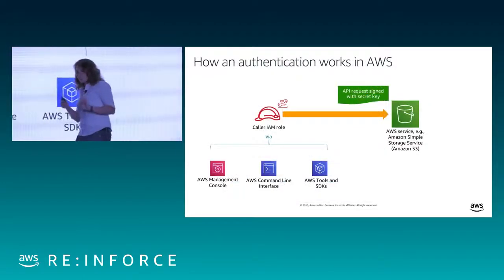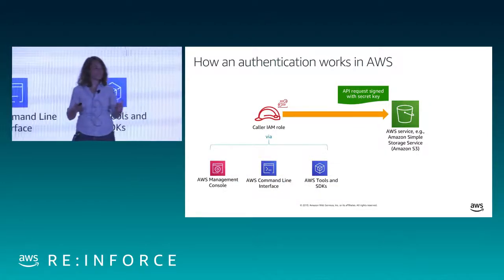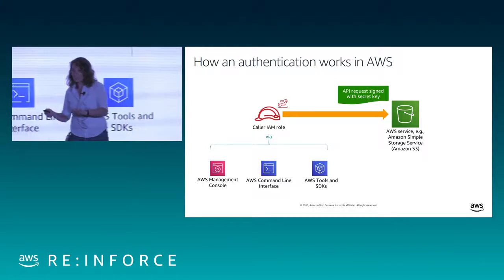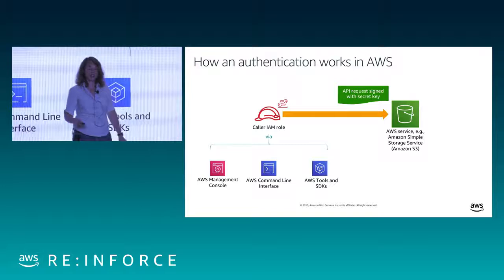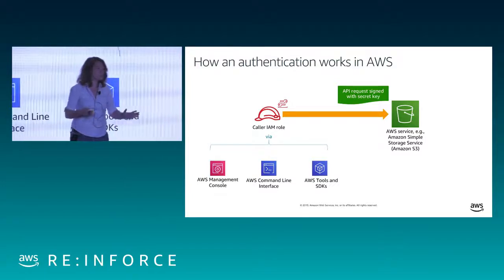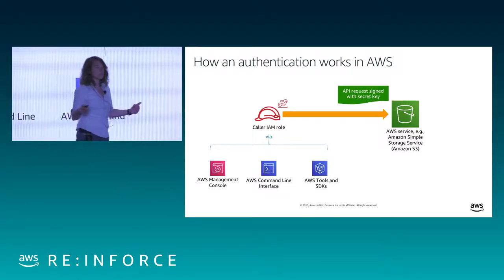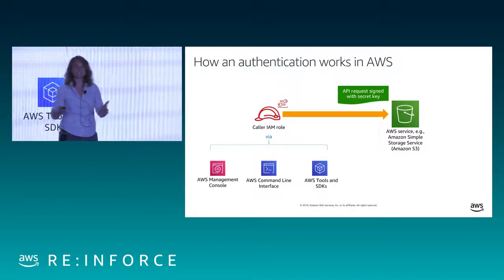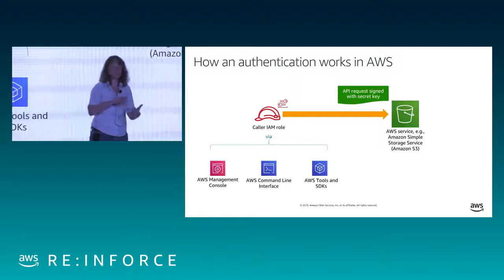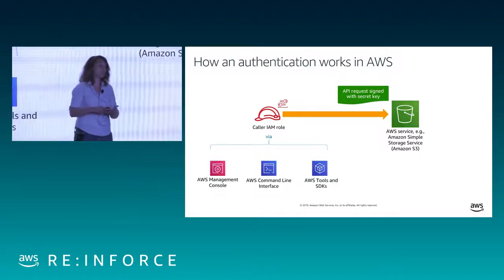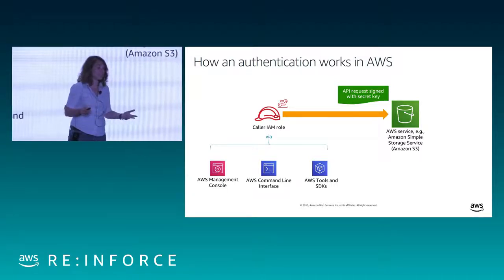And I just want to say a couple of words on how authentication works in AWS. Again, I promised practice more than theory, but just so you understand how this works. The fact of the matter is you don't need to know, because except in very exceptional use cases, you're going to be accessing AWS either through the console, through one of our many programming language SDKs, or through our command line interface.